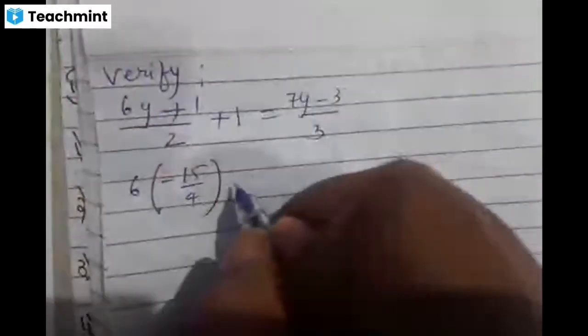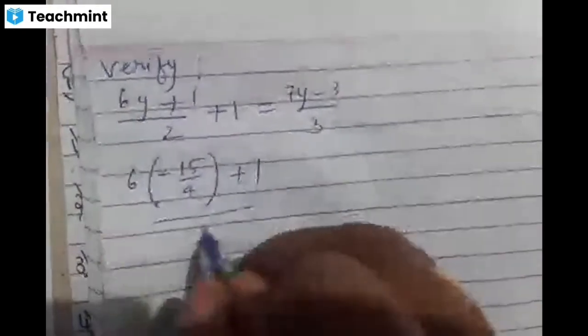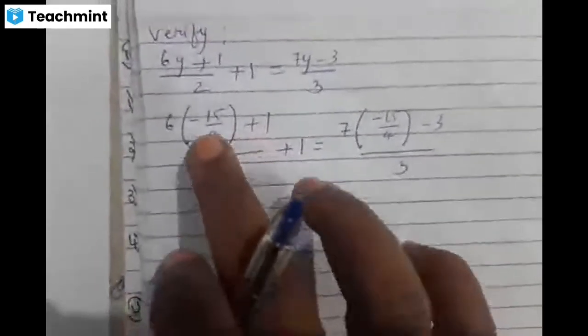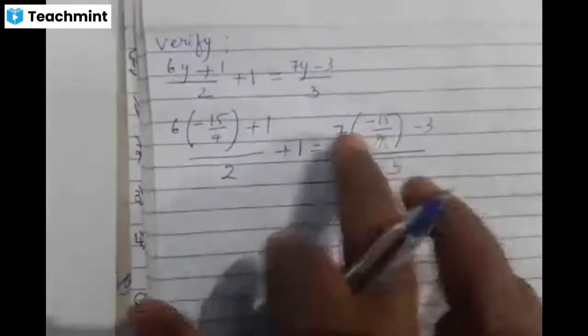In place of y, I will write minus 15 by 4, plus 1, divided by 2. This fraction, rational number we have written. Here separately we have again plus 1 is equal to 7 into minus 15 by 4 minus 3 divided by 3. So what we have done here, we have substituted in place of y minus 15 by 4.